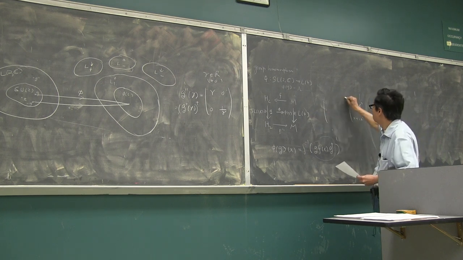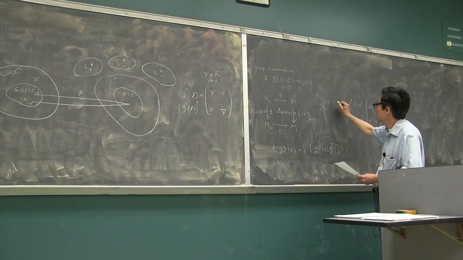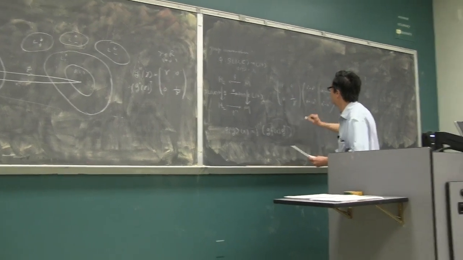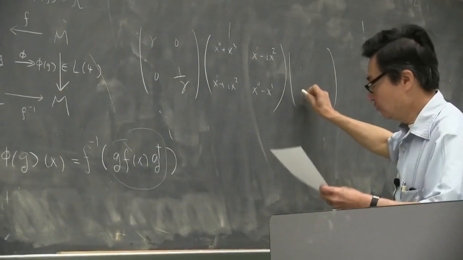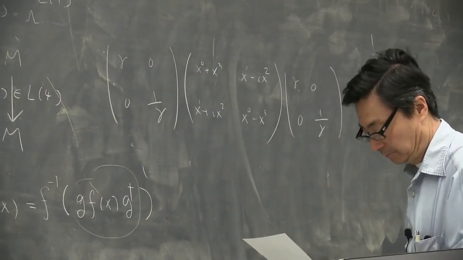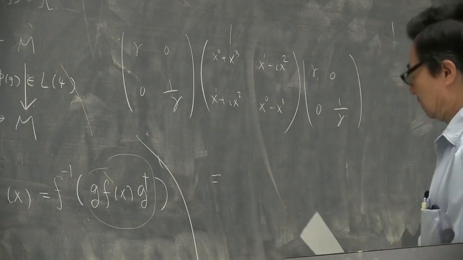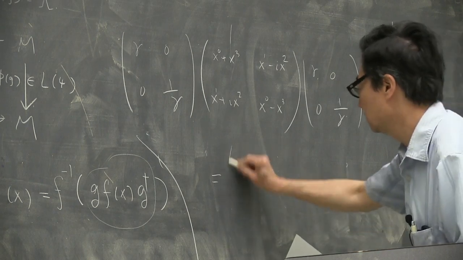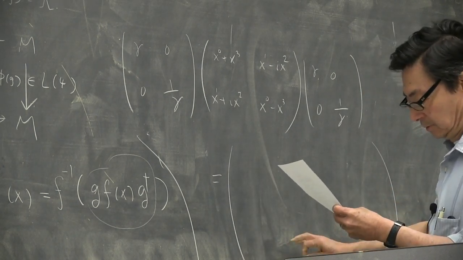And so on this side, we have the G double prime, which is gamma 0, 0, 1 over gamma. On the other side, we have G dagger, but G dagger is the same as G itself, so we have the same matrix on this side. Like so, okay? So again, it is easy to calculate the product of these 3 matrices, and you'll find that after doing the matrix multiplication, you end up with this matrix.